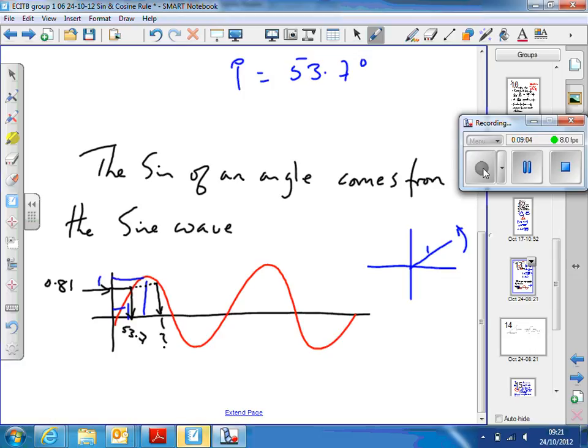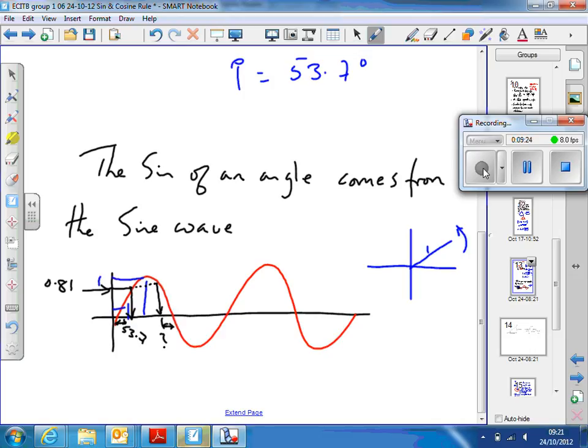How do we work it out? If we look at this point here, that distance from there to there must be the same as the distance from there to there. I've not drawn it particularly well, but it should be. So if I take 53.7 away from 180 degrees, I'll have this angle here.